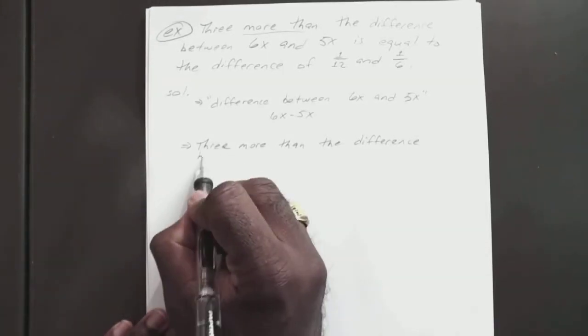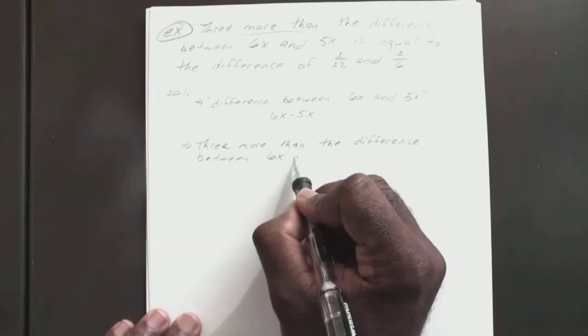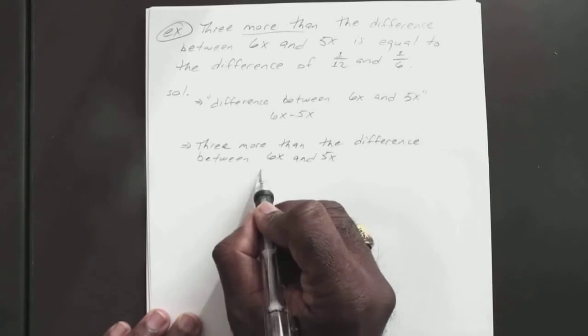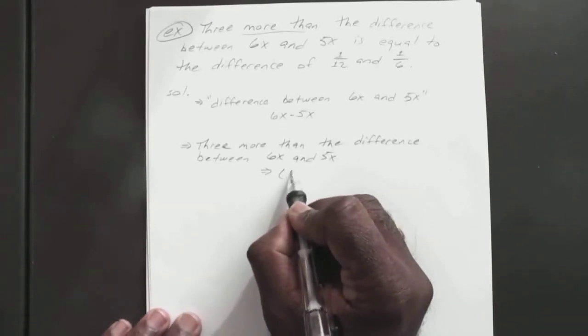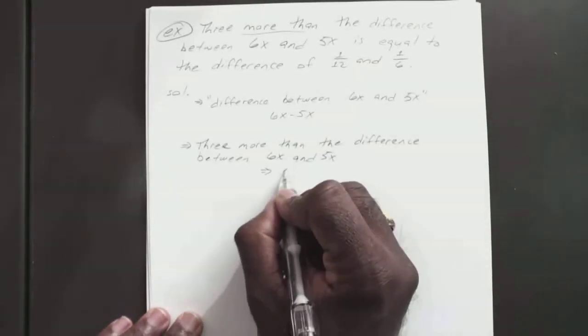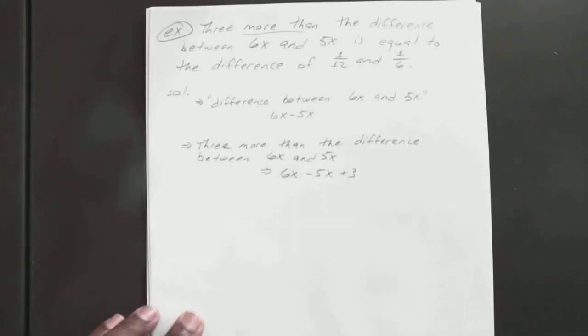You don't really need the parentheses there. 6x minus 5x plus 3. So it's 3 more than the difference.